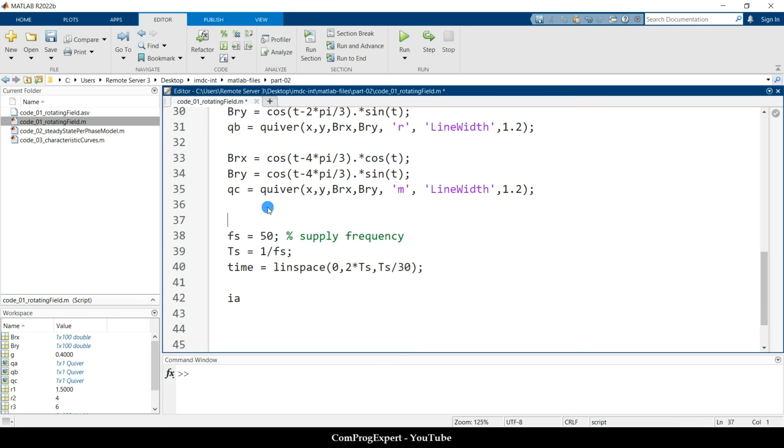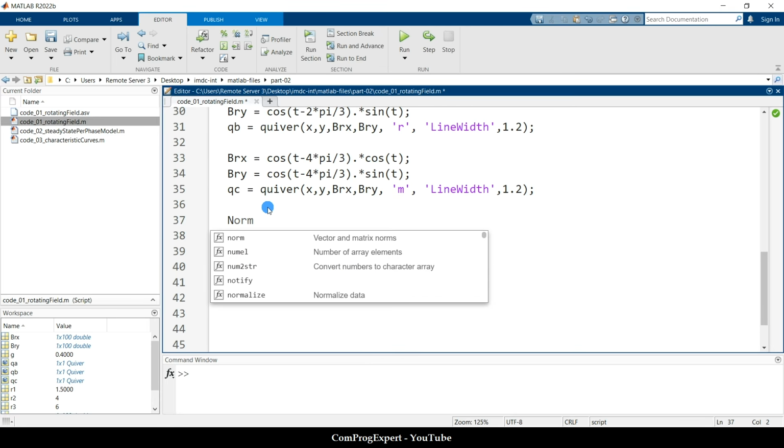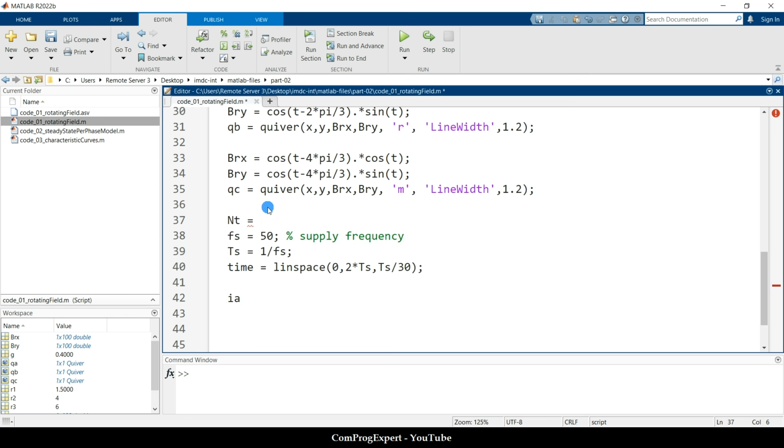But let's consider the number of time points equal to 60 and simply use it here. So this is the number of time points. And this is the electrical period of the currents.